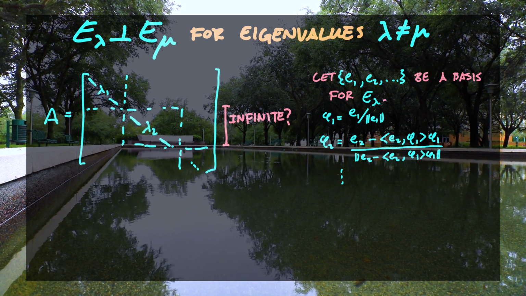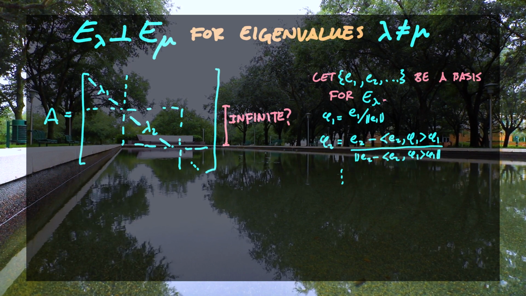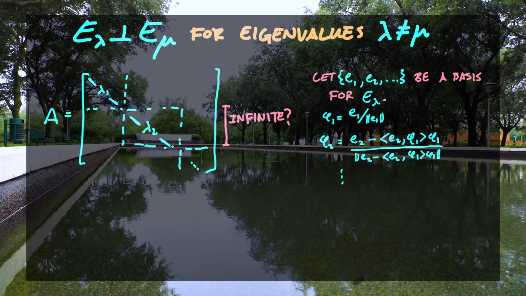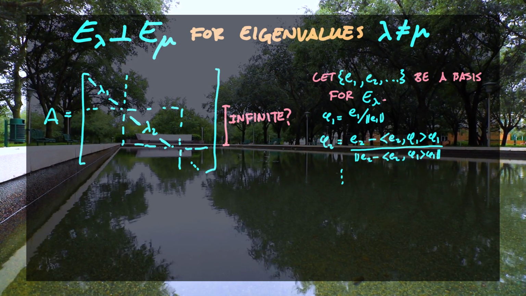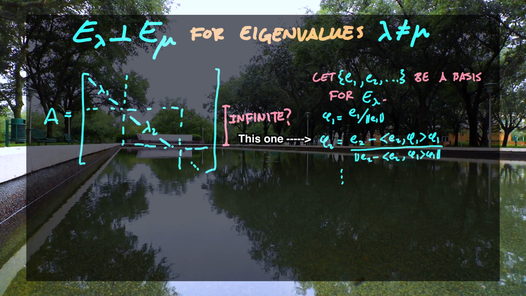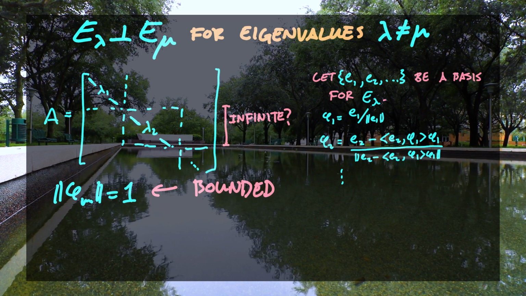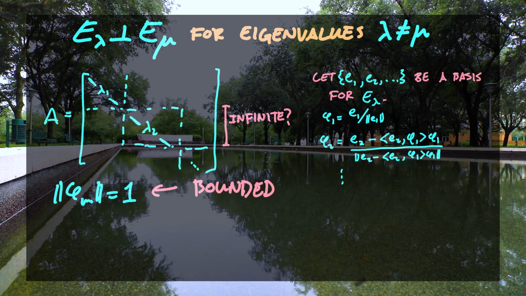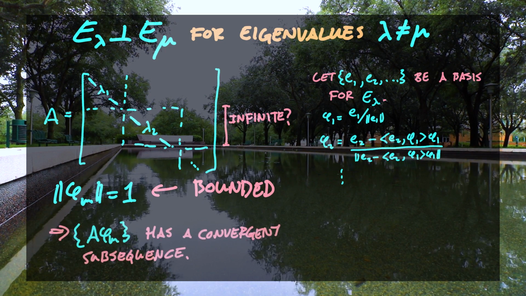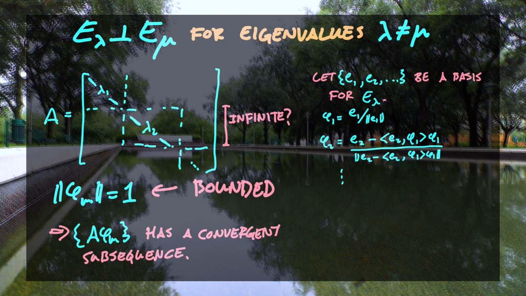The finiteness of each block also follows pretty quickly. Note that A maps E lambda to itself, and that means that A mapping E lambda to E lambda is a compact operator. We can use the basis above, and we can look at A as that sequence on this Gram-Schmidted orthonormal sequence of E lambda, and if that sequence is infinite, then that means that A phi m, which is equal to lambda phi m, has a convergent subsequence.